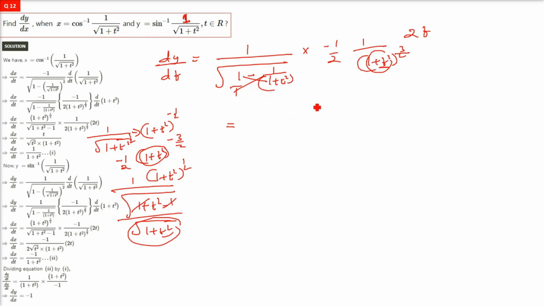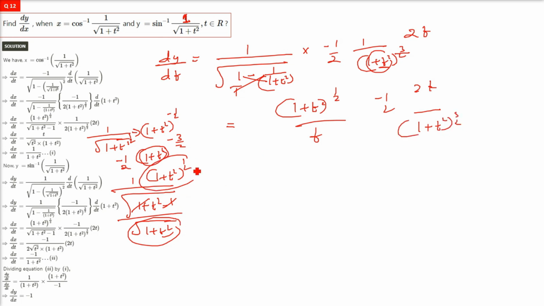So ultimately this 2 and 2 will get cancelled, and t from the denominator. So (1 plus t square) to the power half, minus half here, 2t. So we have (1 plus t square) to the power 3 by 2 in the denominator also. Okay.